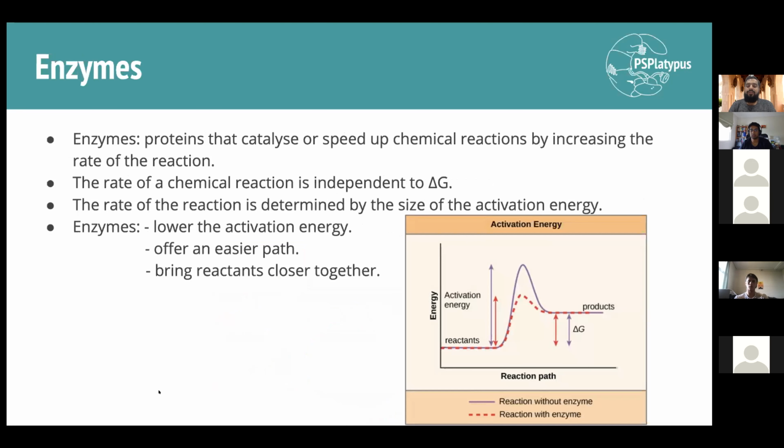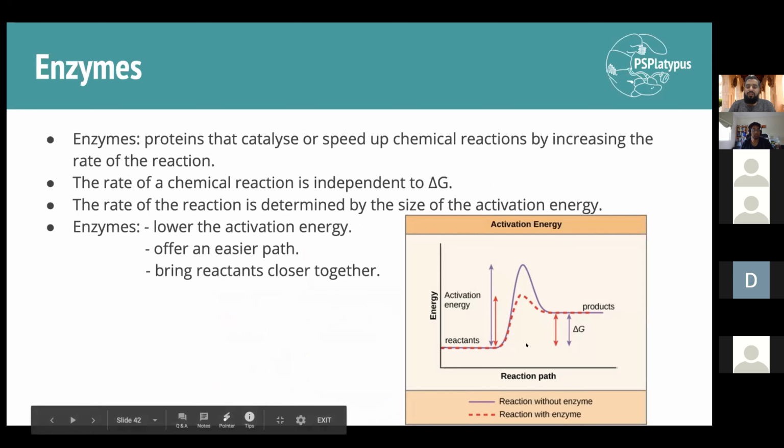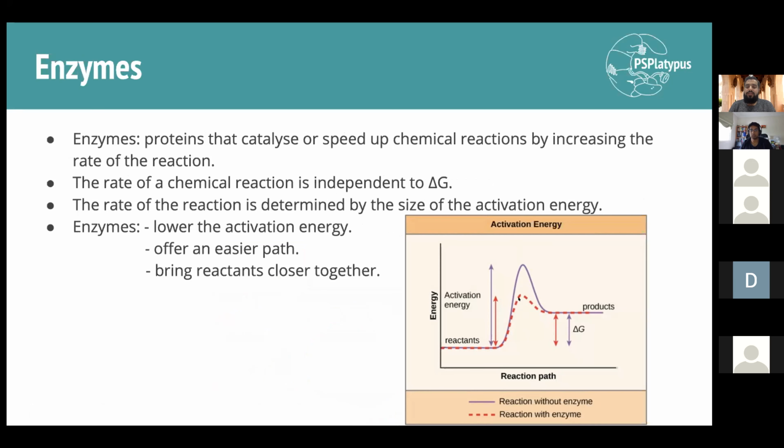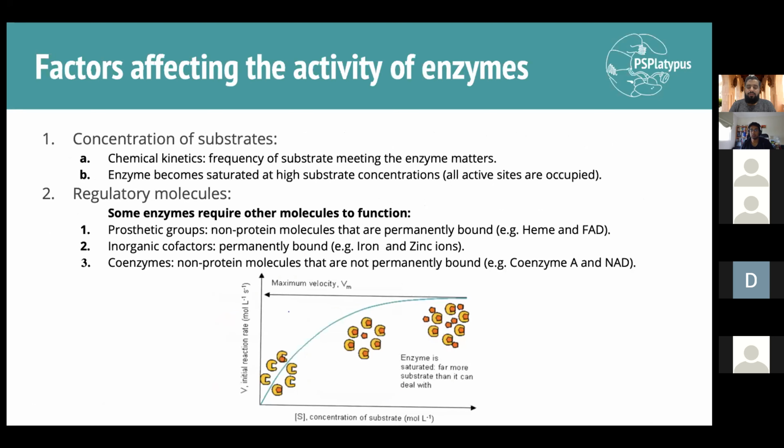Enzymes are proteins that are used to speed up reactions by increasing the rate of reaction. They lower the activation energy. This is the activation energy without using an enzyme, and this is the activation energy when we use an enzyme.